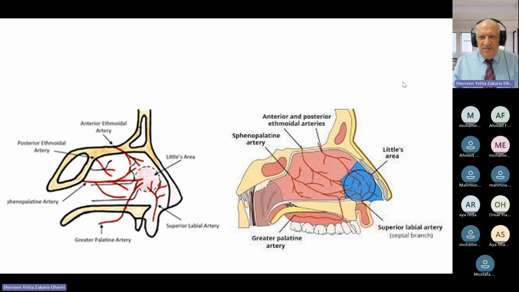If you imagine the nose like this, I show you the nose, this is Little's area. We have the anterior ethmoidal and the sphenopalatine artery. Which one can be controlled by chemical cautery, not cautery like that used in surgery? Sphenopalatine artery? No, the sphenopalatine artery is so posterior, it is difficult to reach. This is the nose, here.